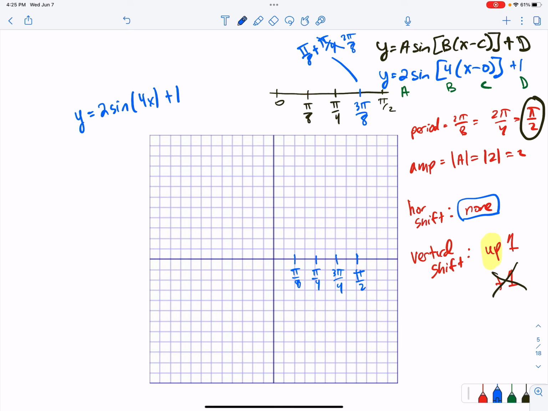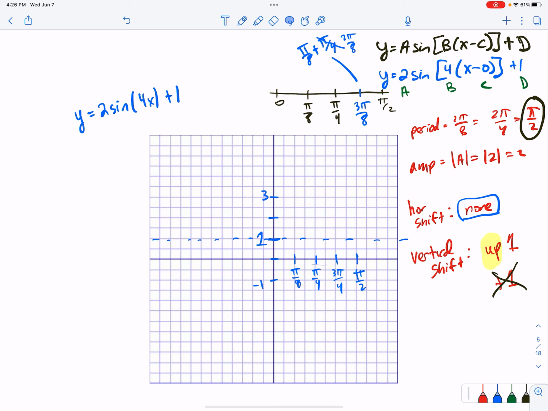Okay. And then the amplitude is 2, and I'm going to shift up 1. So I'm going to put a 1 here, and that is the new midline. So that is now the line that the graph is going to revolve around. And then from there, the amplitude is 2, so I'm going to go up 2 to 3, and I'm going to go down 2 to -1.